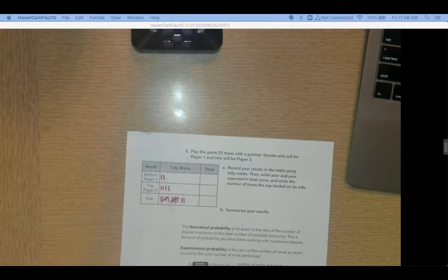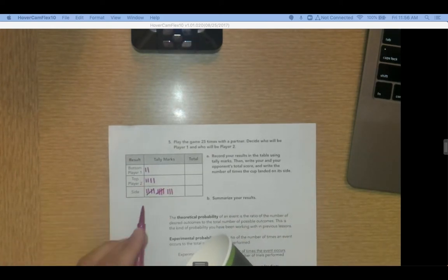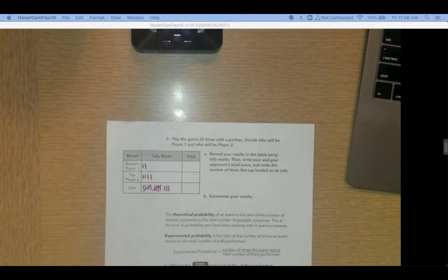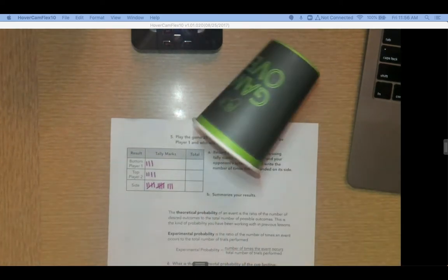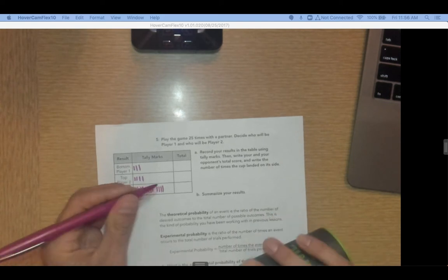Side. Side. Let's see here. 13, 14, 15, 16, 17, 18, 19, 6 more. Woo! Bottom. Nope. Redo. Side. Side.